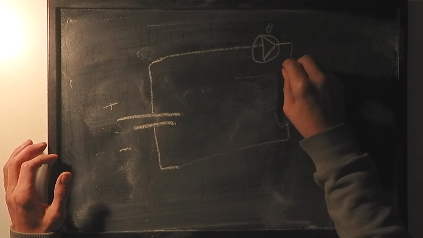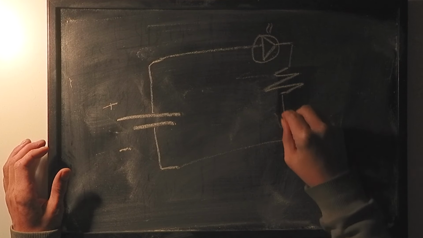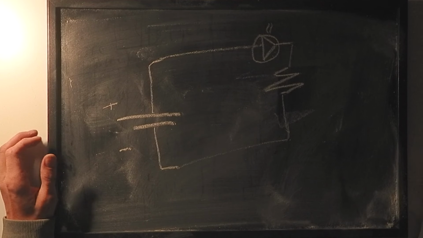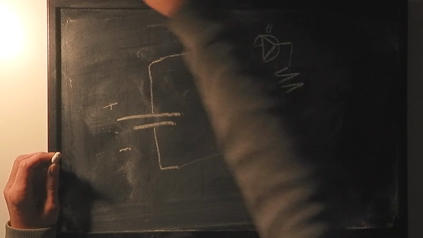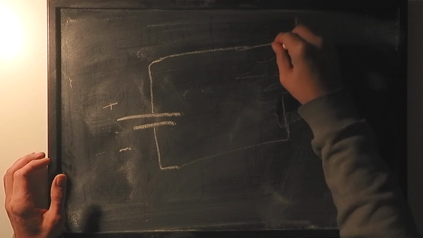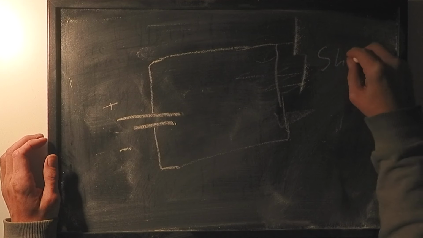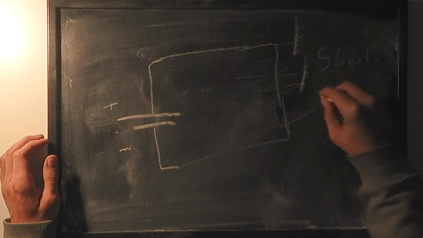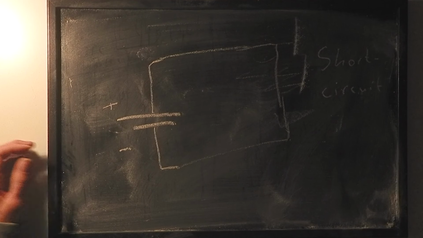So, as we talked before, we need to connect a resistor, so we limit the current through this circuit. Right. And if we were to connect without this resistor and just connect the two sides of the battery like this, this is called a short circuit.